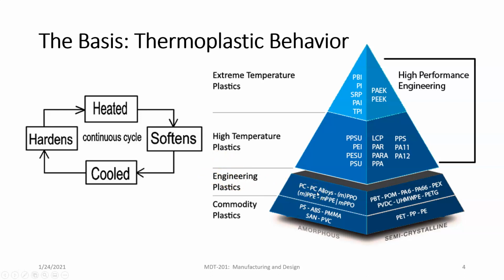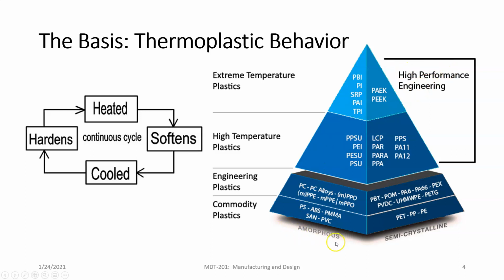So here we're getting a little bit better material properties, a little bit better heat and chemical resistance. As we go up, we get higher temperature plastics, and then we get to extreme temperature plastics. So as you're going up here, you're getting better quality, better material properties. These at the top are called high performance engineering plastics.